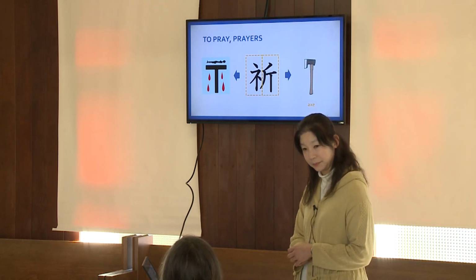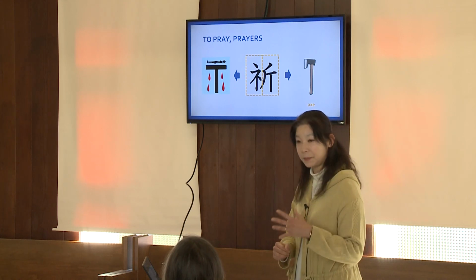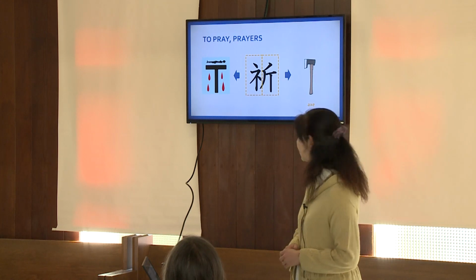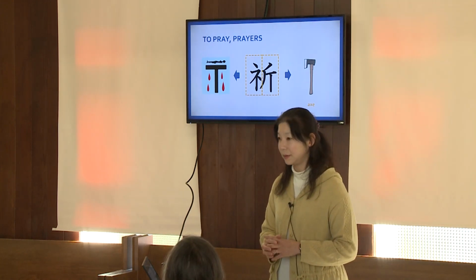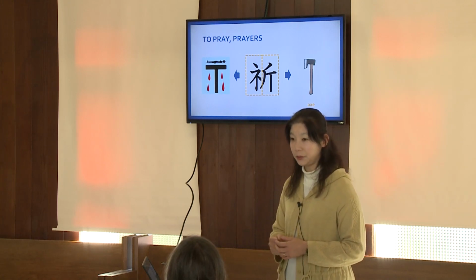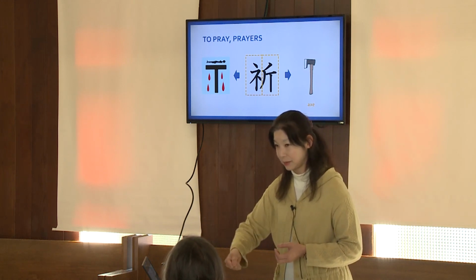Probably to break through something to get at. Okay, there are some theories about what axe means. One theory is that it represents human action to make an altar using an axe.